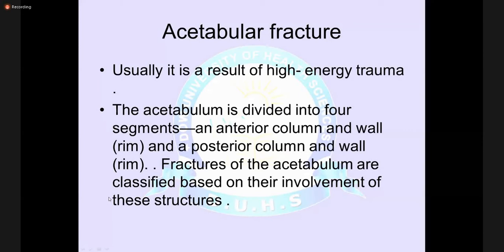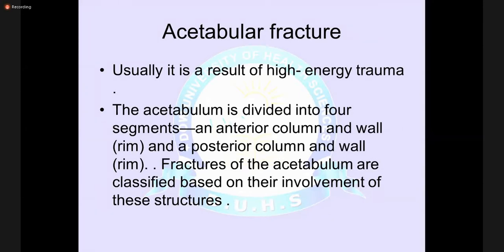Now the next thing is the acetabular fracture. Usually it is a result of high energy trauma. The acetabulum is the part of the pelvis where the femoral head makes a joint with the acetabulum, known as the hip joint.